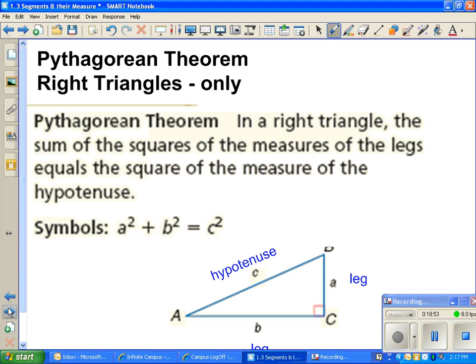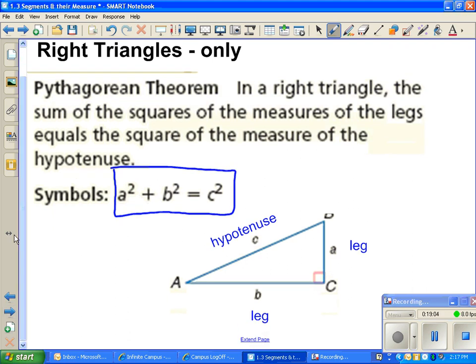Pythagorean theorem, right triangles only. You can only use the Pythagorean theorem if you have a right triangle. Everybody know what a right triangle looks like? It usually has a little bracket right here. This A and B are your legs.